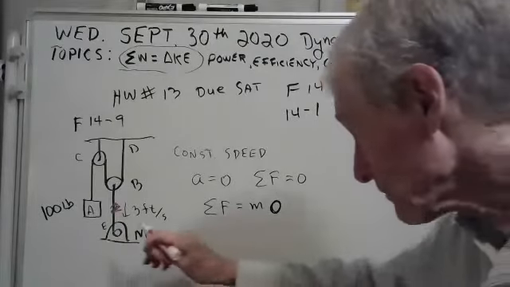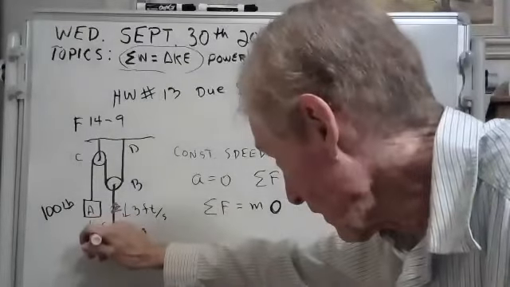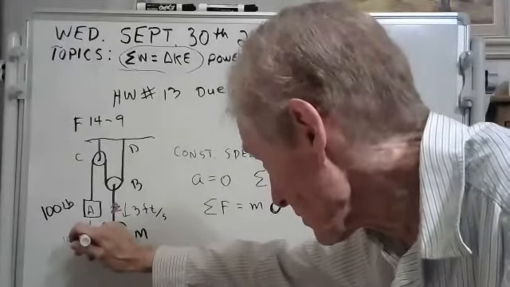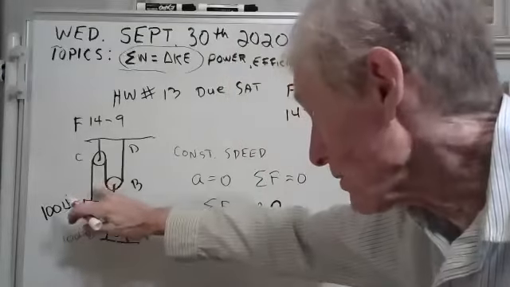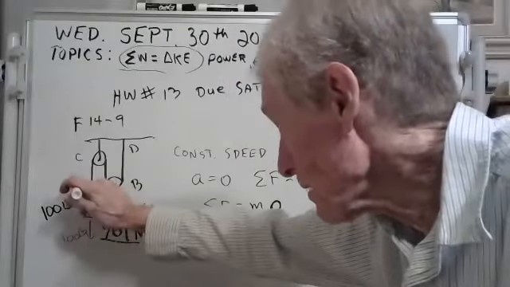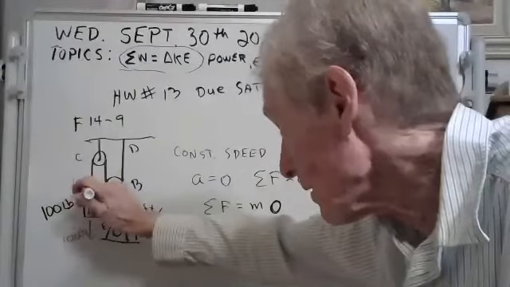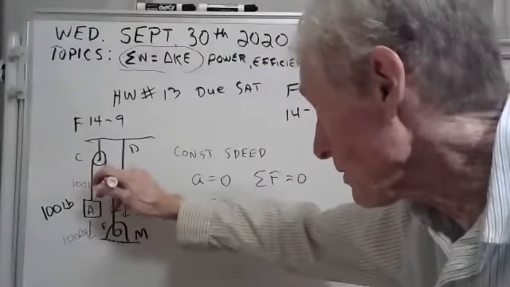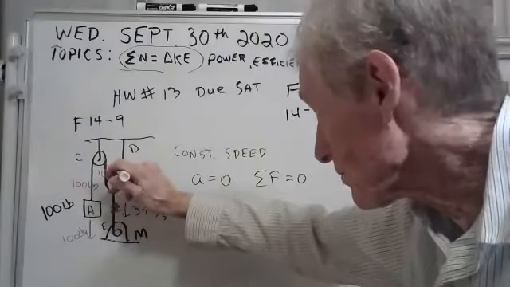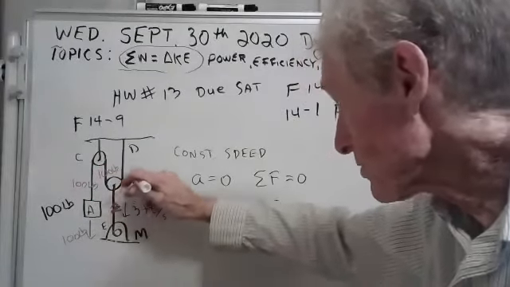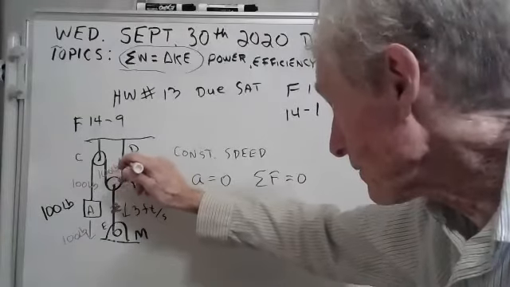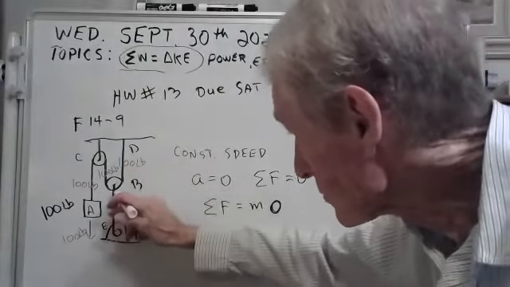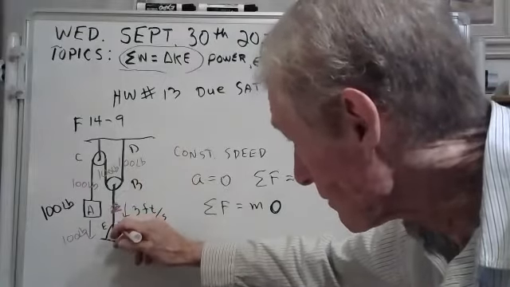So here, look here. If this has 100 pounds going down, because that's how much they said it weighs, guess how much the tension in this cable is? It's 100 pounds. Guess how much the tension is in this cable? It's 100 pounds. Now, how much tension do you have in this cable?